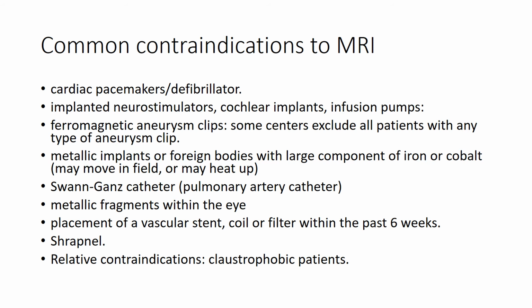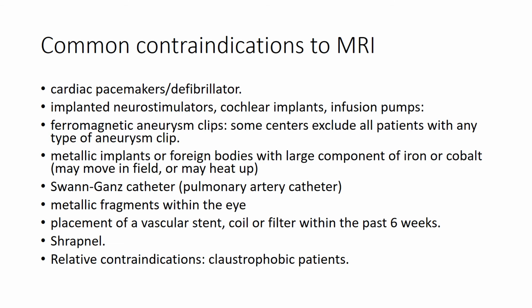They are ferromagnetic, so you can't do an MRI for a patient who has ferromagnetic aneurysmal clips. These clips nowadays are MRI compatible. Also any metallic implant that is mainly composed of iron or cobalt, and Swan-Ganz catheters, which are the pulmonary artery catheters, metallic fragments, placement of a vascular stent, coil or a filter in the last 6 weeks, and a sharp nail.